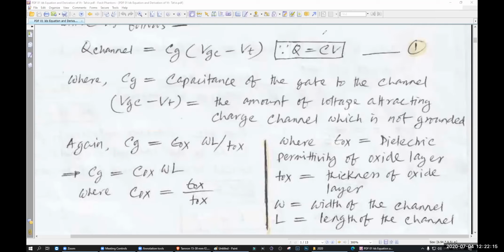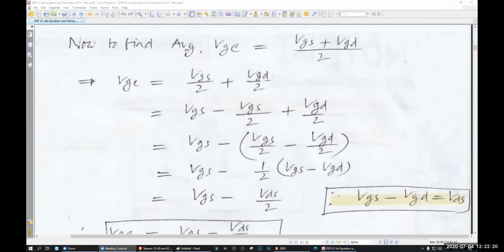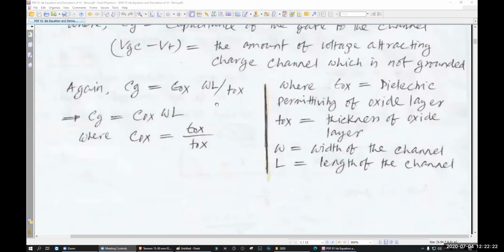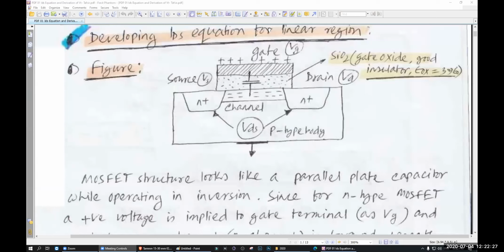Okay, now get back. Now find the average VGC. Why? Because I told you before, this VGC is the voltage between this point and this point, right? But remember, this voltage is impossible to find. If we use a multimeter, this point is the gate, which you can easily access, but this point is the channel, inside the transistor.